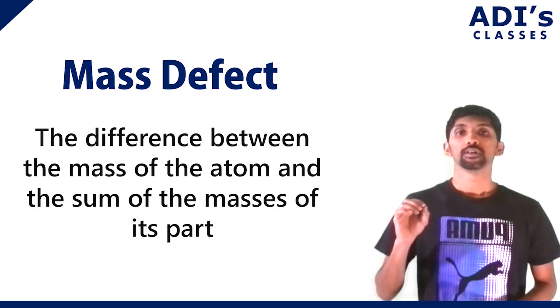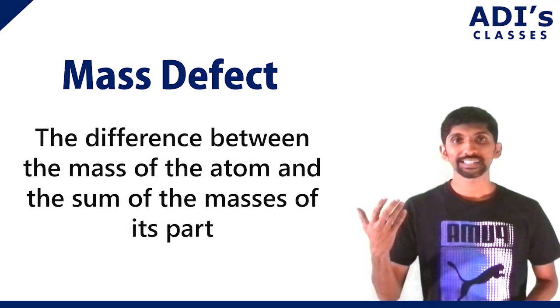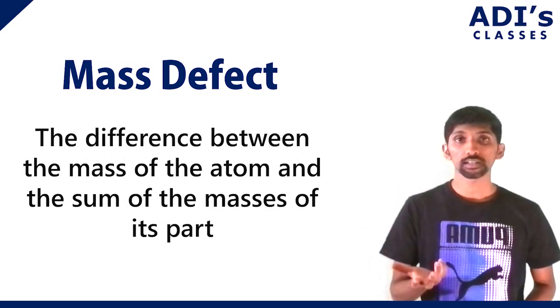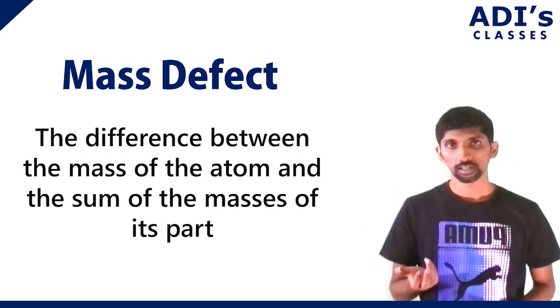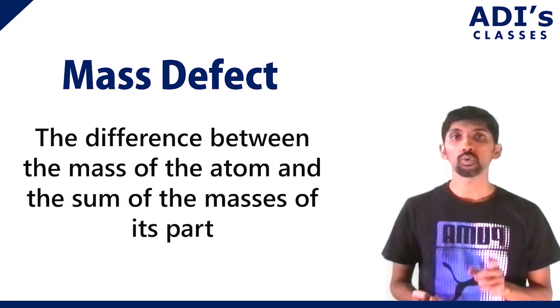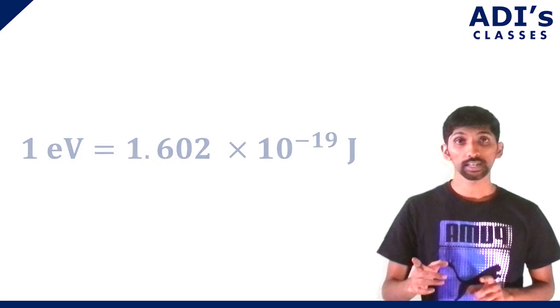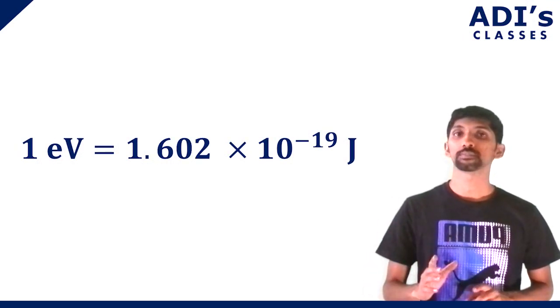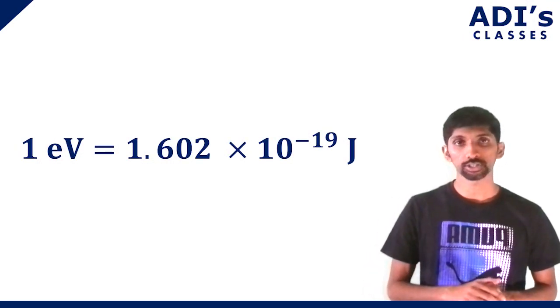Since we are talking about nuclear particles, they are very small, correct? So we represent their energy using the electron volt. 1 electron volt is 1.6 times 10 to the power of minus 19 joules of energy.